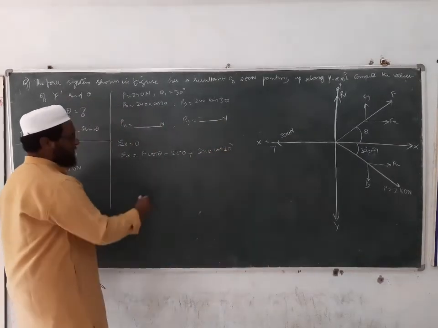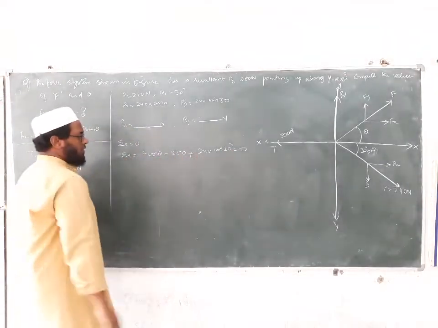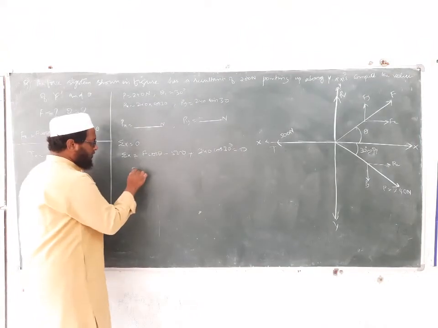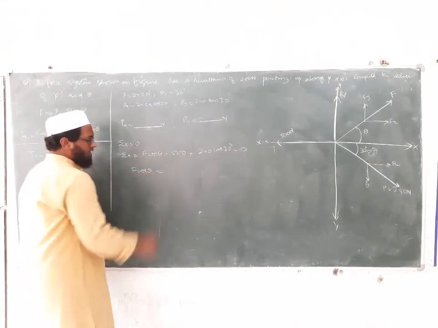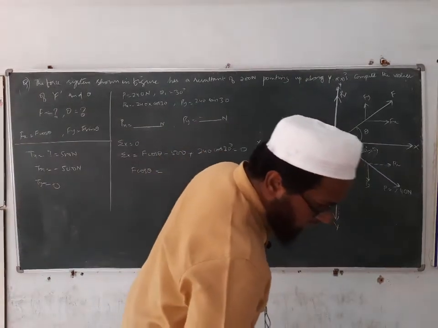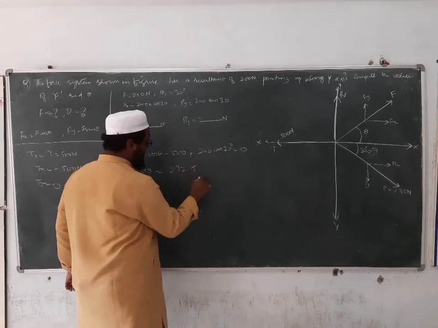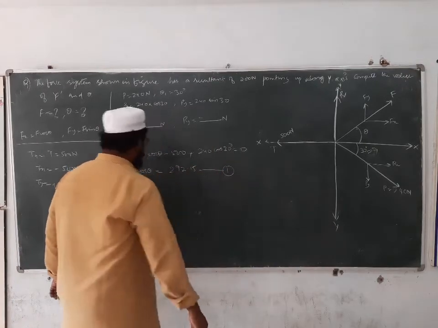If you resolve this one, and this is equal to 0, sigma x is equal to 0. So we can write F cos theta is equal to, by solving this one, you will get the value as 292.15. We can name this as equation number 1.